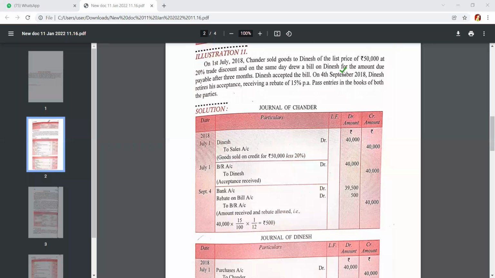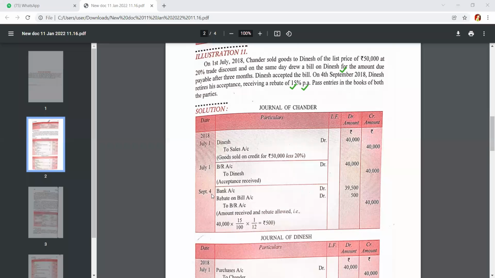It means the drawee is making the payment 1 month before, and getting the rebate of 15% per annum. Please mind it, it is per annum. So 1 month before the due date, we are receiving the payment.